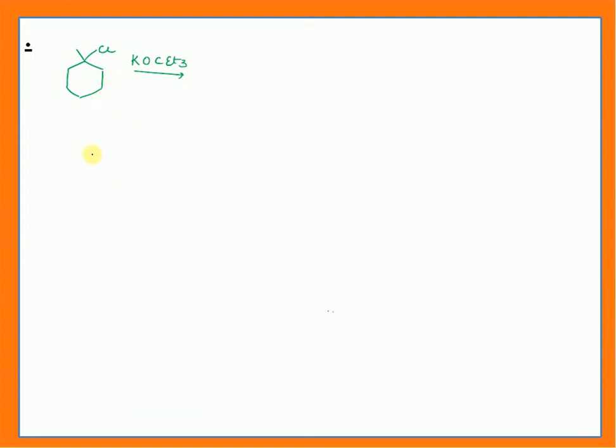So in this case again I can remove a proton from this carbon or I can remove from this carbon, right? In case of E1 elimination, we have seen that more substituted alkenes are formed that are more stable. A similar thing will apply for E2 elimination, that more substituted alkenes are more stable.